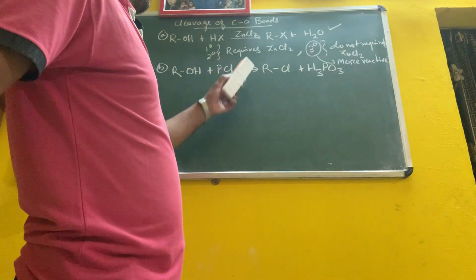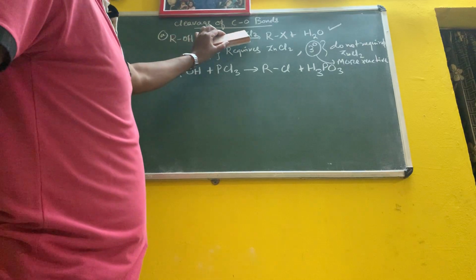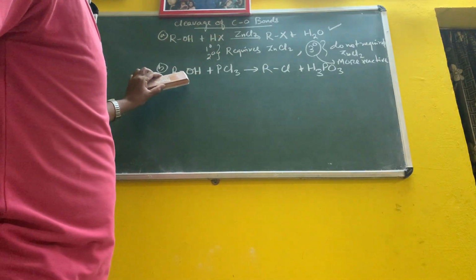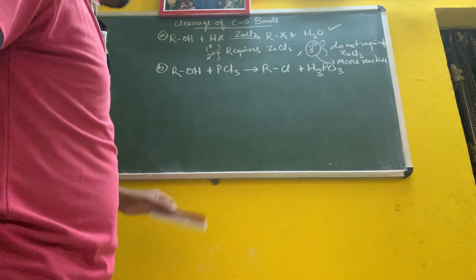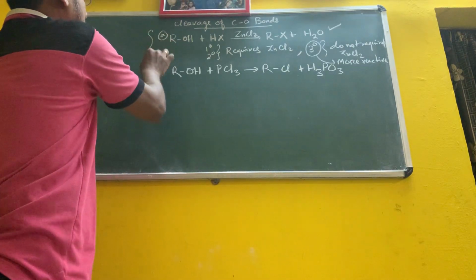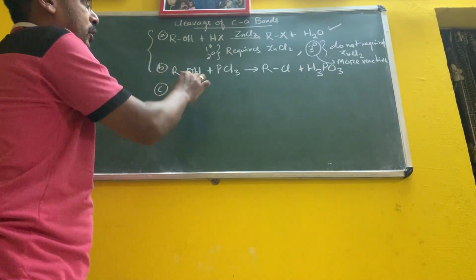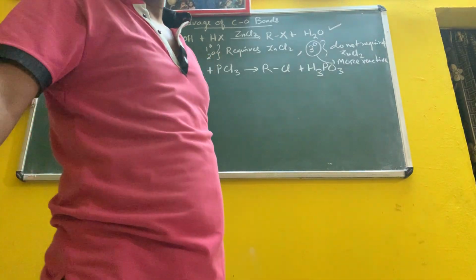So these are the two reactions, with hydrohalic acid and ZnCl2 Lucas reagent, and ROH with PCl3. These two reactions are in lesson 10, haloalkanes and haloarenes. I think all of you are clear about these two reactions.